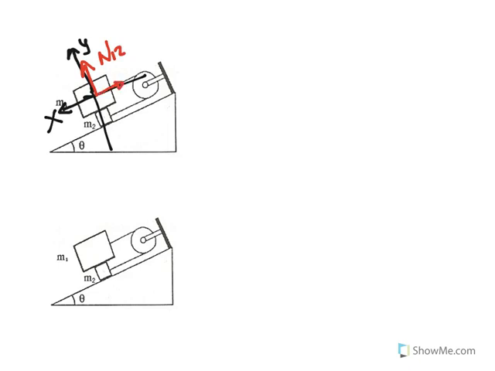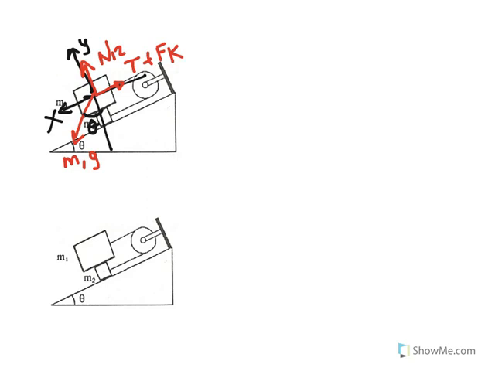The tension, always in the direction of the string. The force of friction, which is coefficient times normal, always opposing motion. Last but not least, we have mass 1 times gravity. The angle which describes this is theta, the angle from the y-axis.